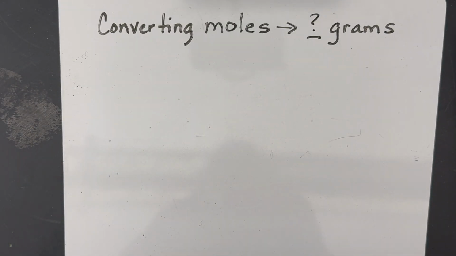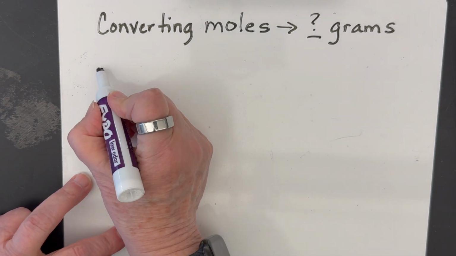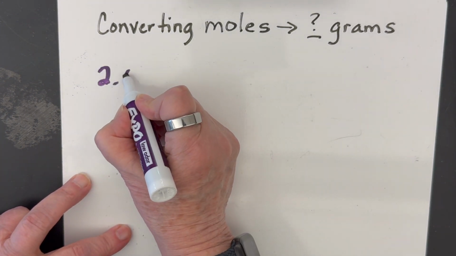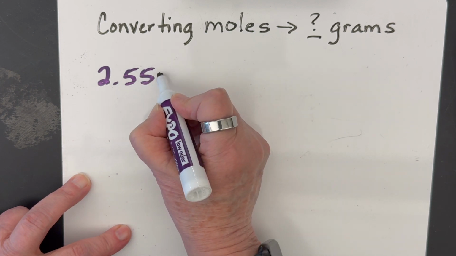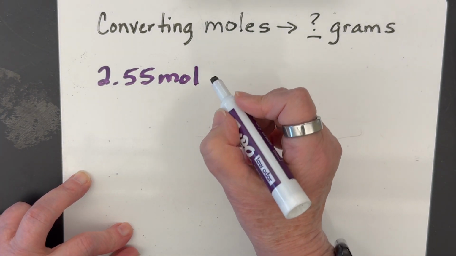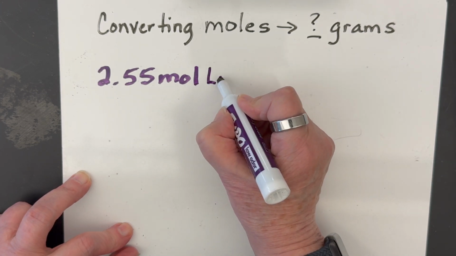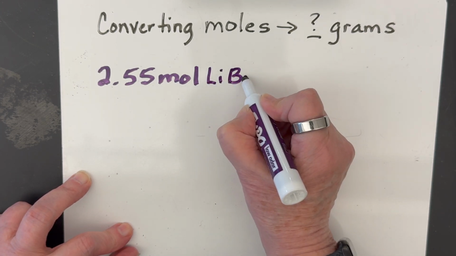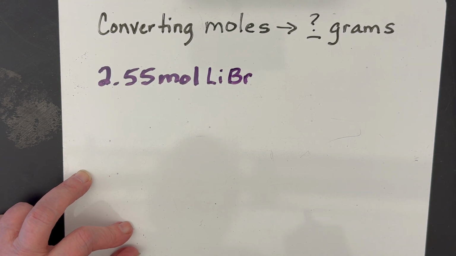So let's start with 2.555 moles of LiBr, lithium bromide. We want to convert that into grams.